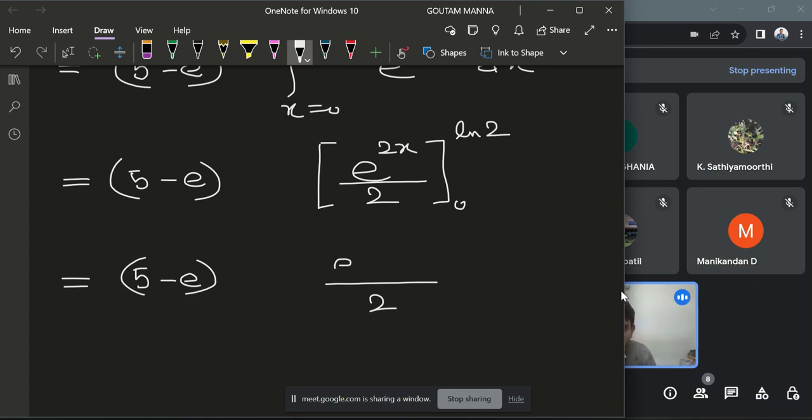So it will be e to the power 2 times ln 2, which means ln 2 squared, that is ln 4, minus e to the power 0.